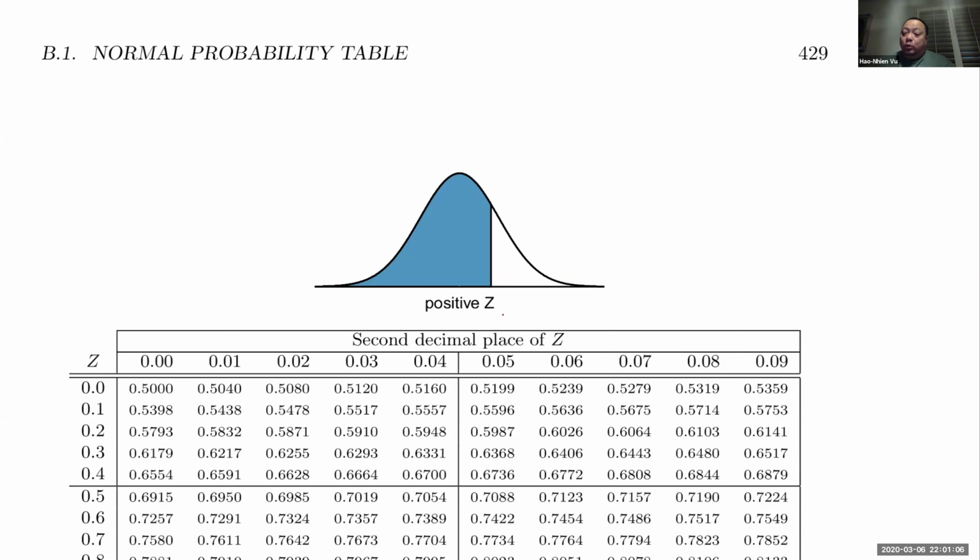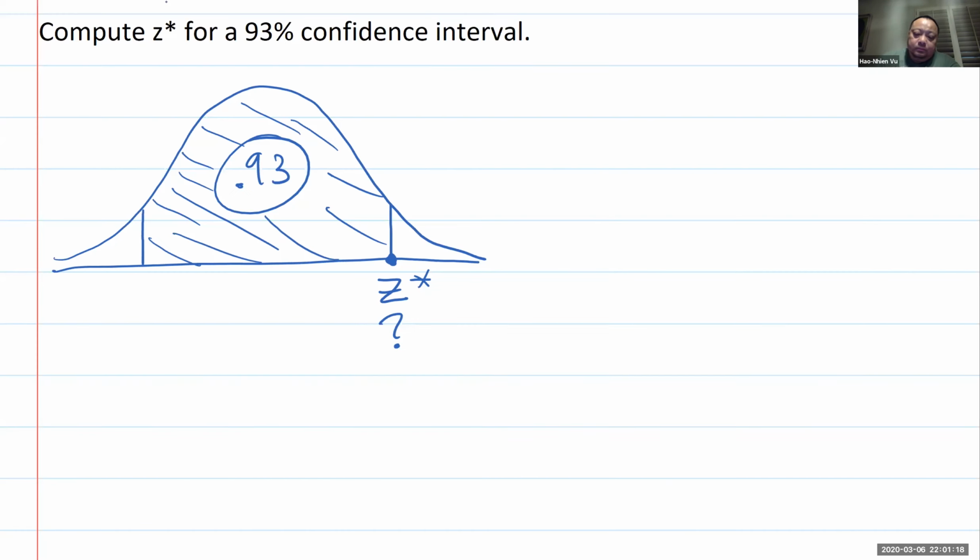So let's take a look at what we have. This is what we have. The area that we're shading is not completely to the left of the z that we're looking for. The complete area to the left of z would cover more than just the shaded part.